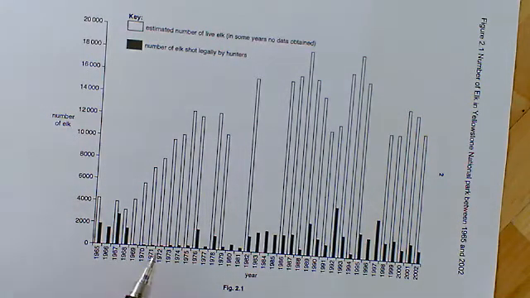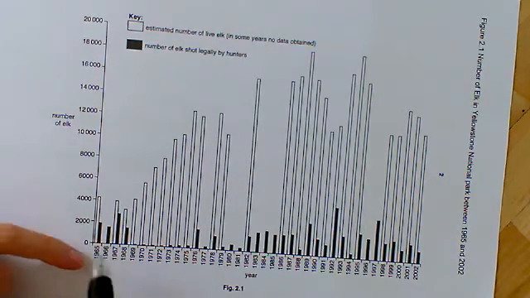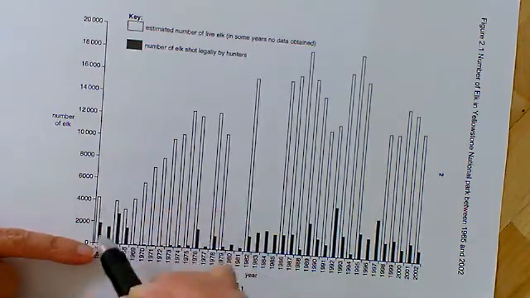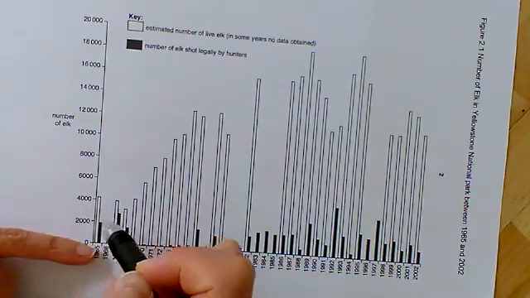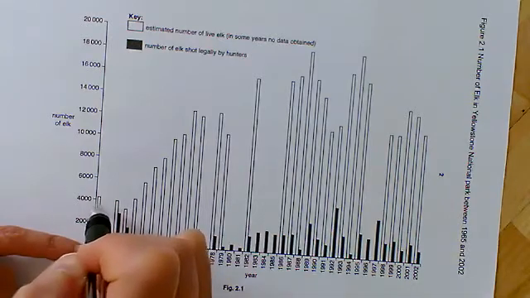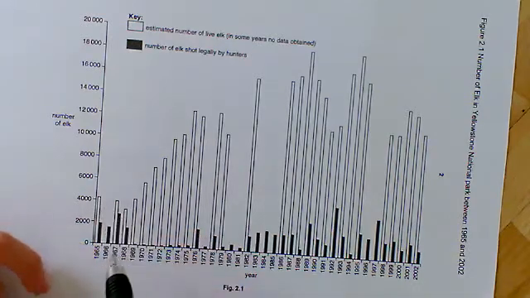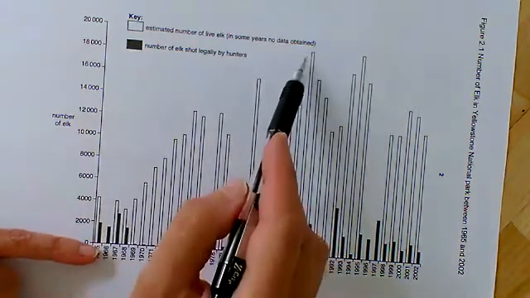The second thing to point out is that, looking at those bars, we've got an increase in numbers of live elk from 1965 up to a peak.